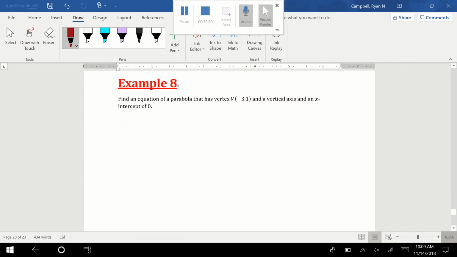All right, let's do another one. Find the equation of a parabola that has the vertex at negative 3, 1 and has a vertical asymptote and an x-intercept at 0. If we have that y equals a times x minus h squared plus k, we can just plug everything in.